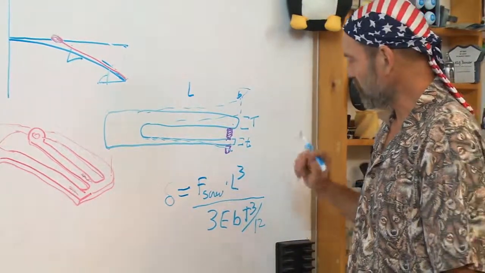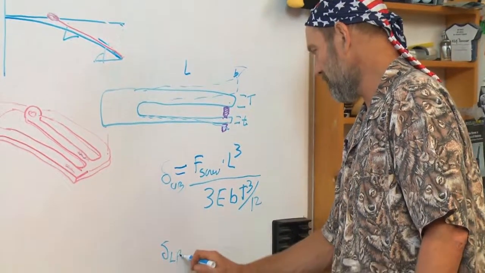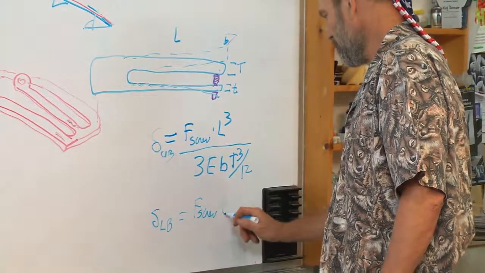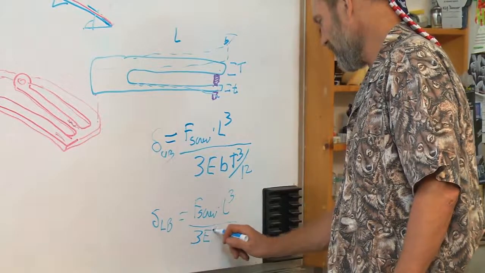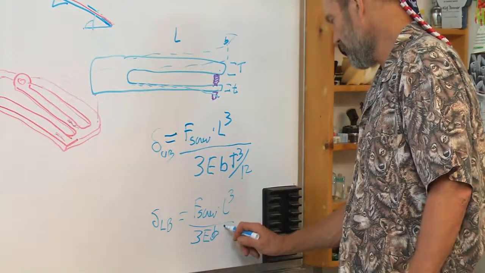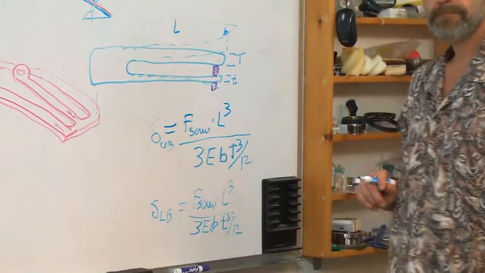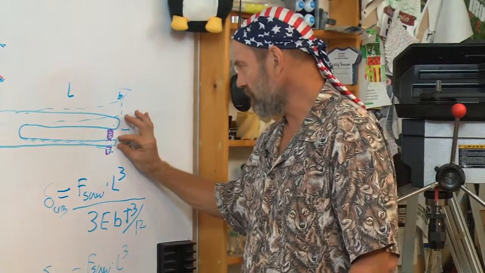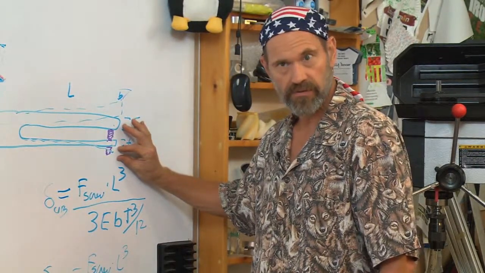Is that the deflection of the upper beam? The deflection of the lower beam equals F from the screw L cubed over 3E, let's assume it's all the same material, and the beams are the same width, little t cubed over 12. But when the lower beam deflects, it carries the screw with it.